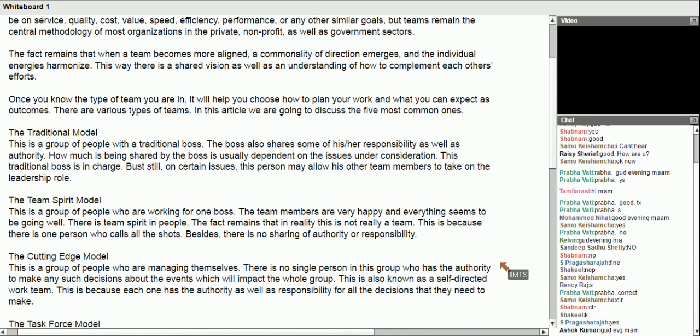The cutting edge model. There is a group of people who are managing themselves.